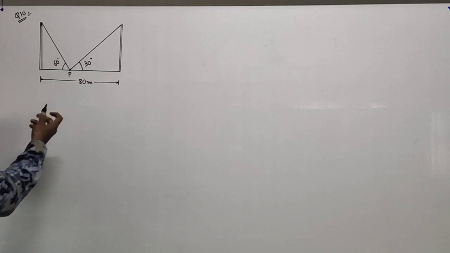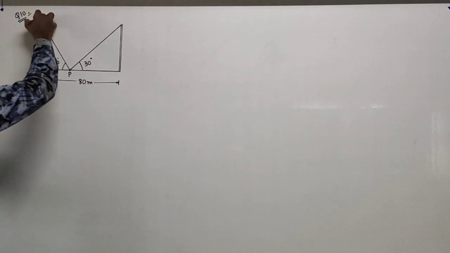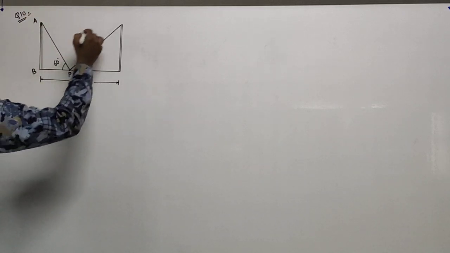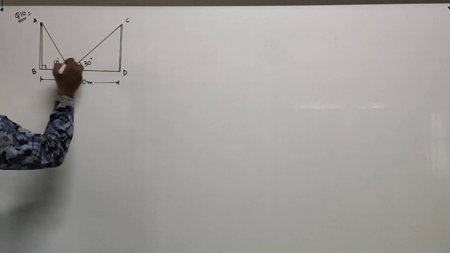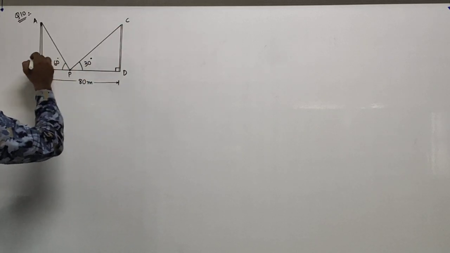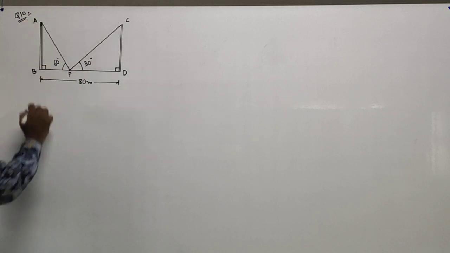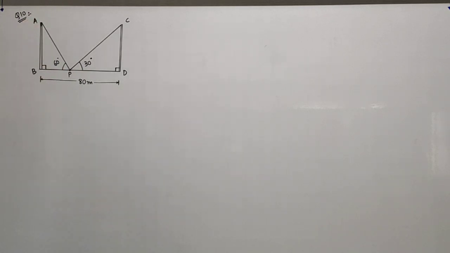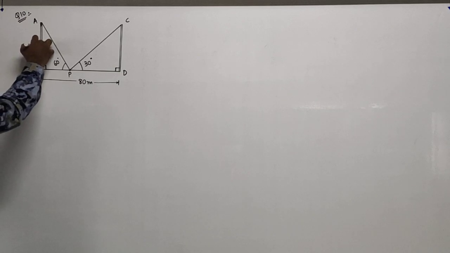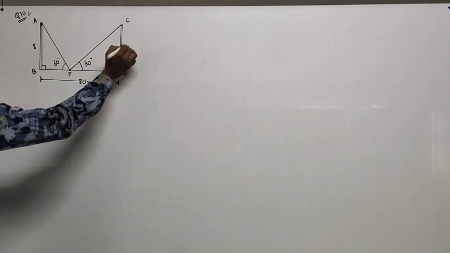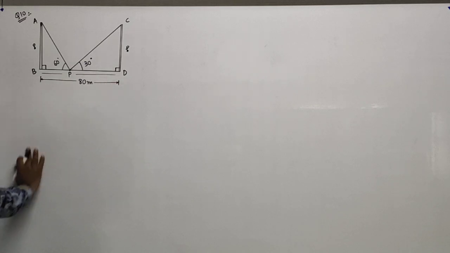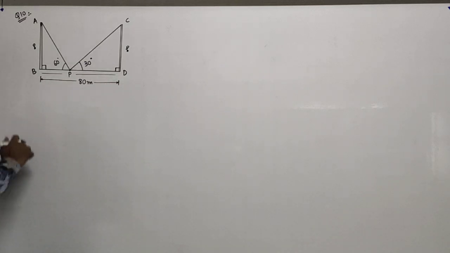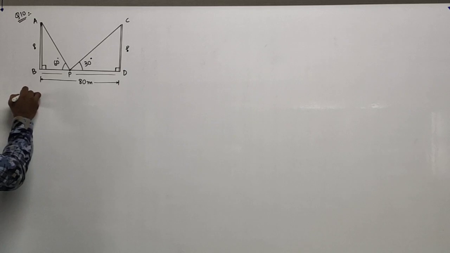So let us say that these poles are named as A, B, C and D, with the poles making an angle of 90 degree with the ground. So we require to find out the value of AB and CD and PB and PD. Both the distances are to be found out. So let us write down here.